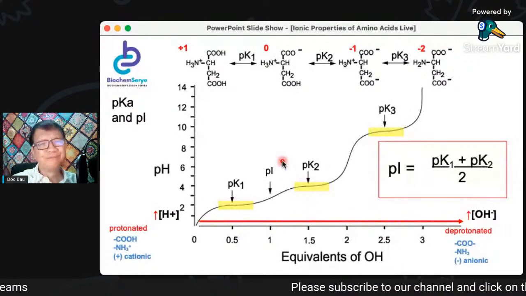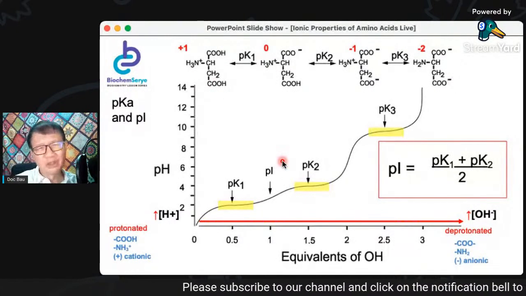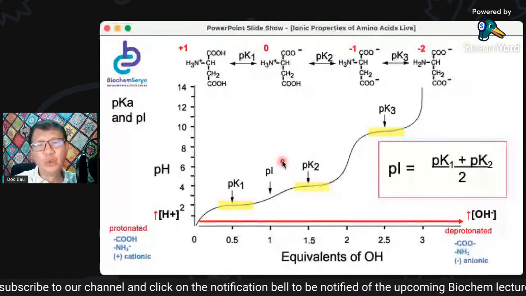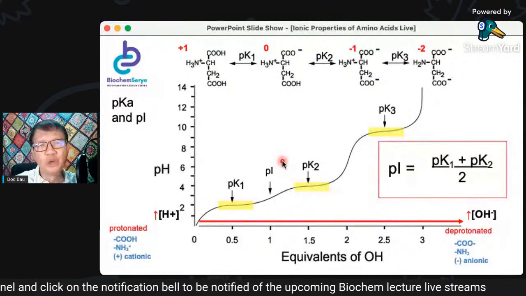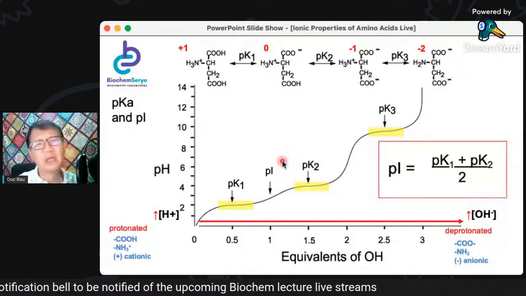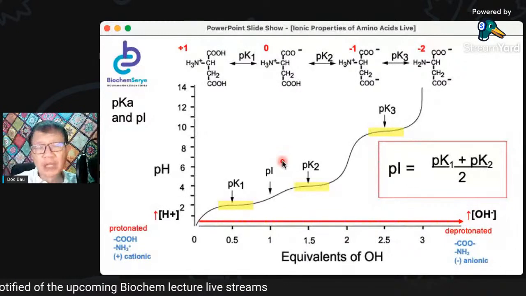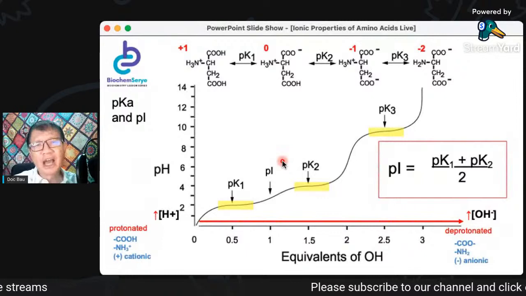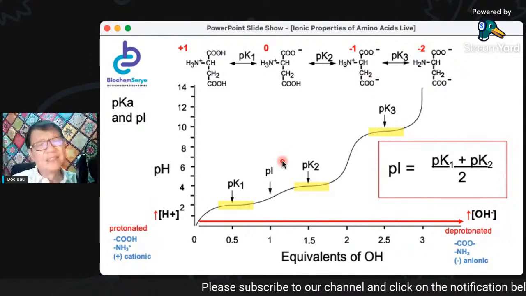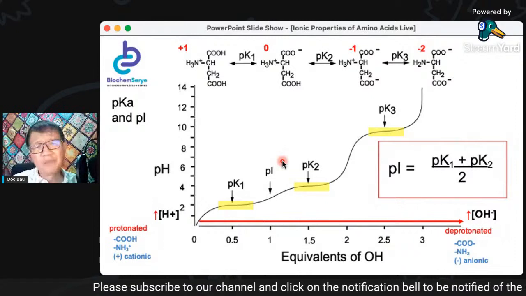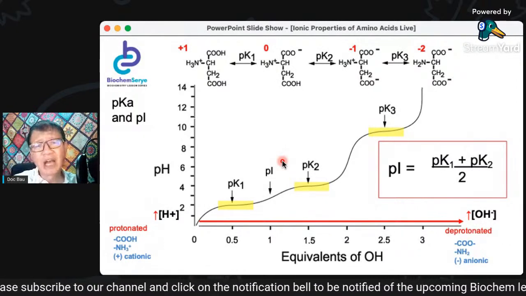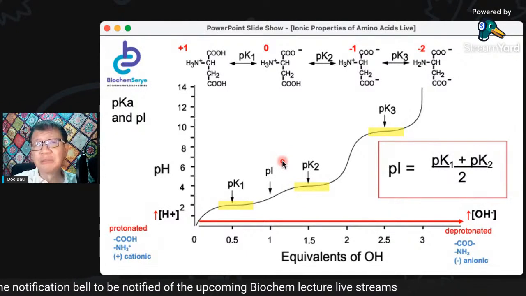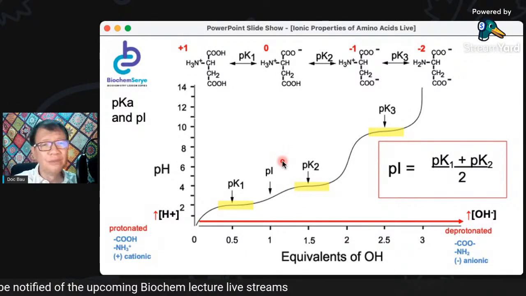So if you're asked to compute the isoelectric pH of an acidic amino acid, just get the two lowest pKa values, regardless of their label, because the two lowest pKa values are the two most acidic functional groups. You get the average of them. The isoelectric pH of your acidic trifunctional amino acid is the average of the two most acidic functional groups. And that makes sense, right? Okay.